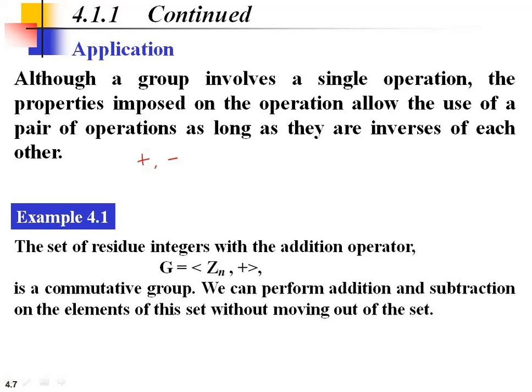For example, suppose we have the set of residue integers Zn with the addition operator. It is a commutative group. We can see that this group satisfies all the properties that we have just discussed, and apart from them we can perform both addition and subtraction on the elements of this set without moving out of the set. So both operations are possible at the same time.